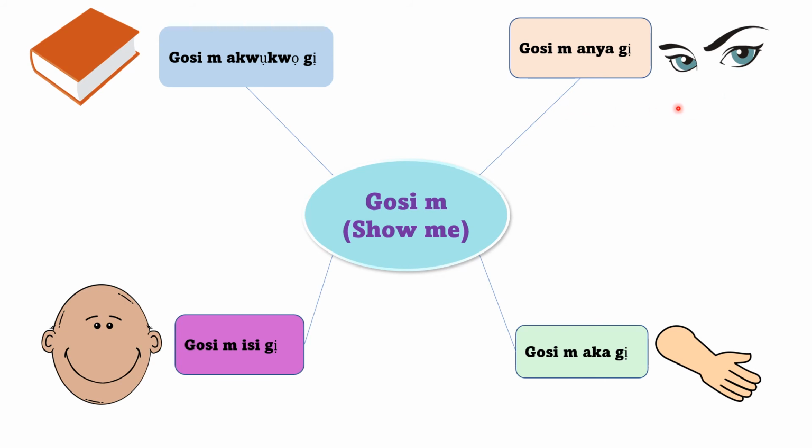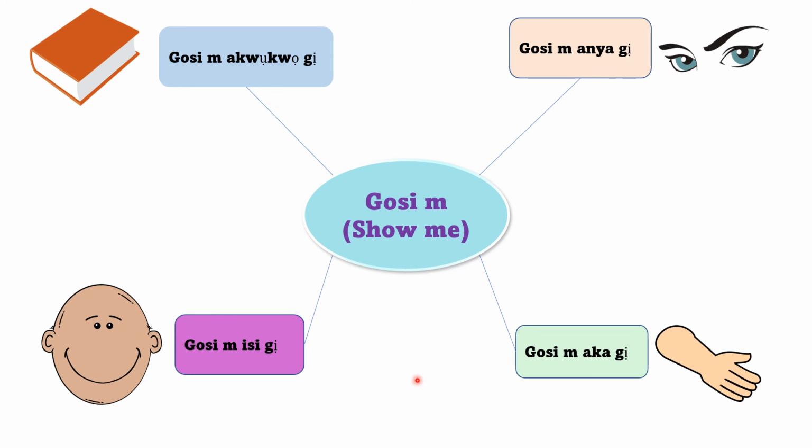Gosim anyage, show me your eyes. And this is aka. Aka means hand. So it will be gosim akagi. This is head. Isi bu head. So you say gosim isigi, it means show me your head. And this is book, as we already know, which is akwụkwọ. So you would say gosim akwụkwọ.